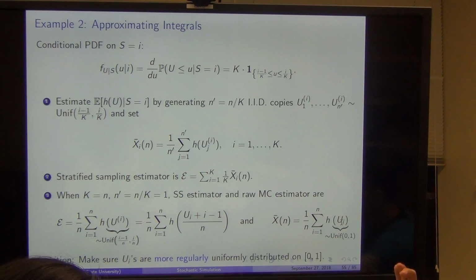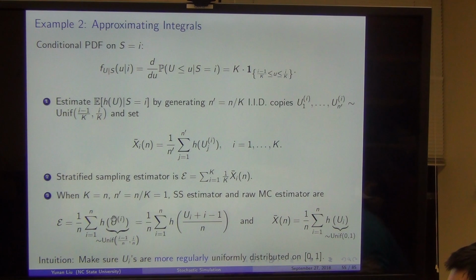It's possible the Ui are in the middle, or towards the left or towards the right. But if you do what I did here, your Ui is already distributed within each interval, because you have randomness, so you don't know where Ui sits in its own interval, but at least you know that you have one copy of Ui within each interval, right? It's more regularly uniformly distributed. Make sense? In that way, you reduce variability, right?